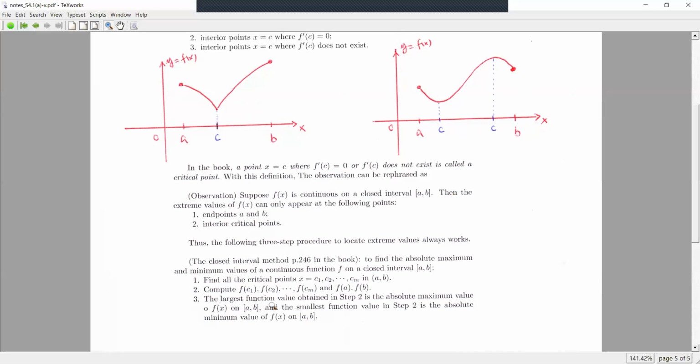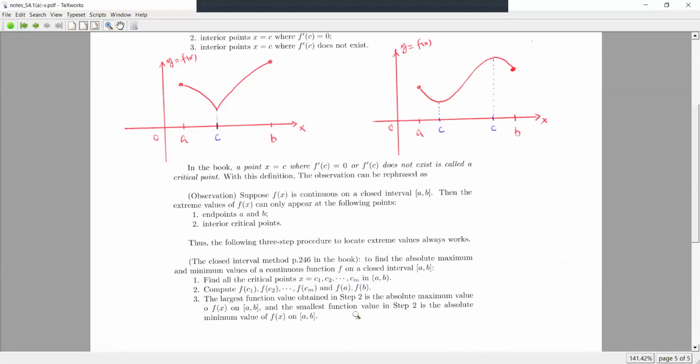The largest function value in step 2 is the global maximum function value of the function over the interval. Among these four function values, the largest is here, so this is the global maximum over this interval.